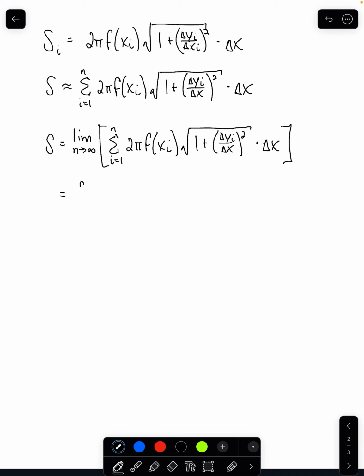Which we know to then be given by the definite integral from a to b of 2 pi times f of x times the square root of 1 plus f prime of x squared dx.